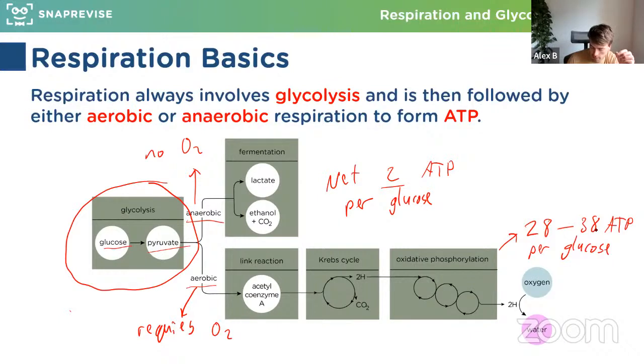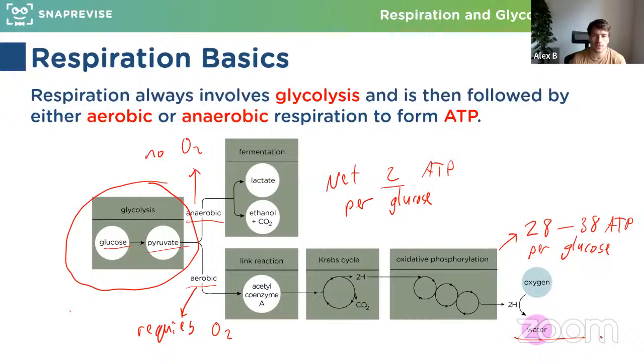So this is definitely preferable in terms of the quantity of ATP produced, but it's also preferable in terms of the waste product that you produce, because the two waste products, one is water, which is totally fine. We have loads of water in our cells anyway, so that's not even really treated as waste. It will just be incorporated into the cell. And the other waste product is CO2.